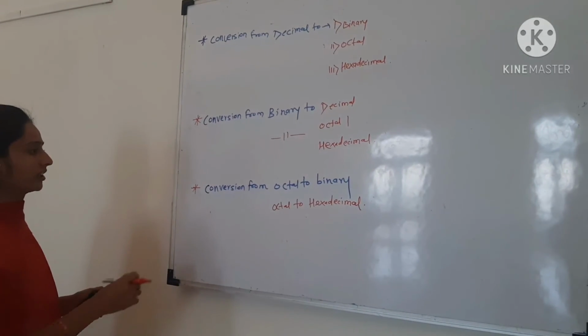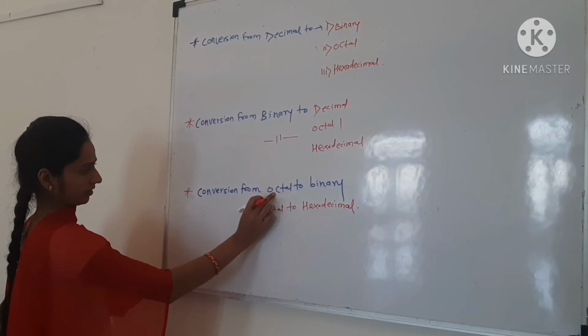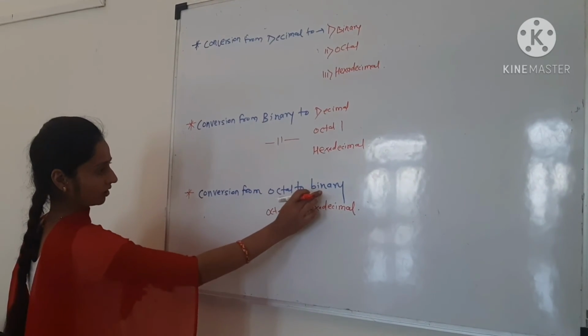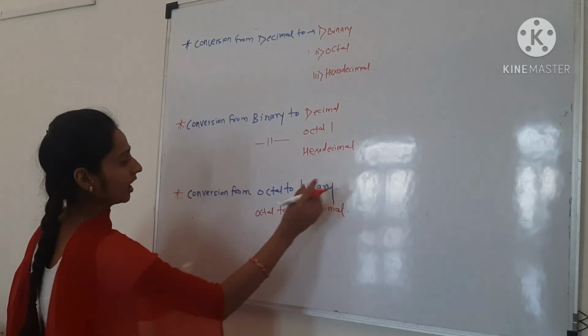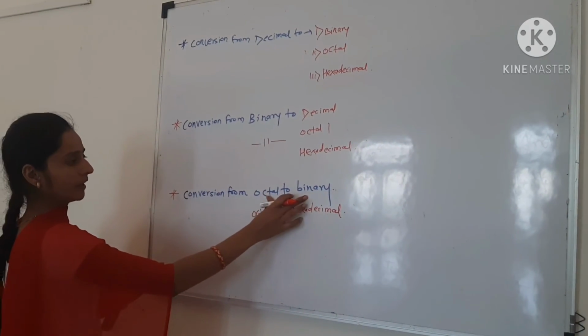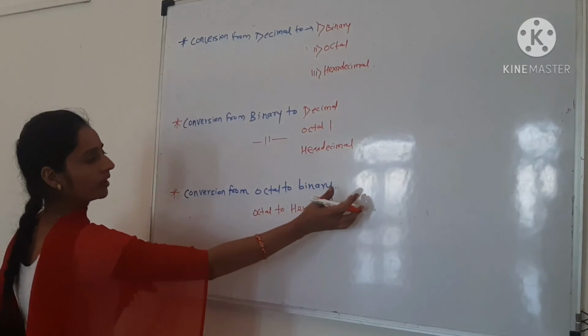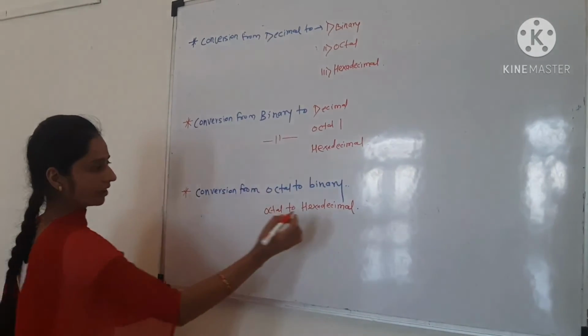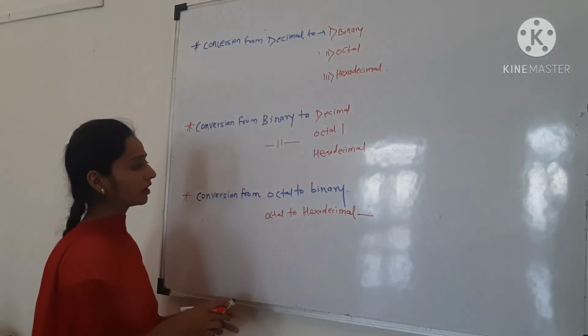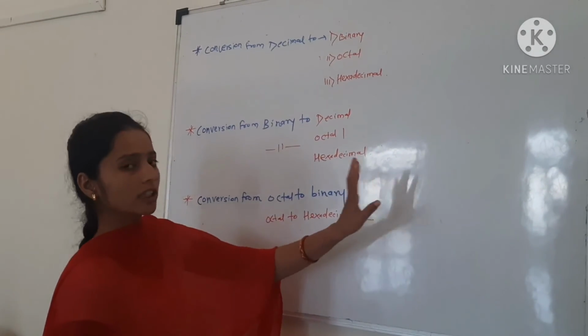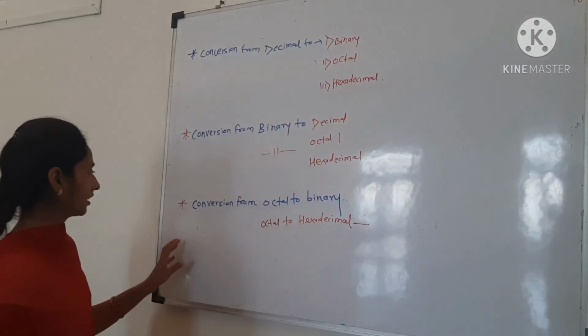In the previous lecture we completed the conversion from octal to binary. In this conversion we did the grouping of 3 bits, starting from the least significant bit to the most significant bit in the integer part, and in the fractional part we did the grouping of 3 bits from the most significant bit to the least significant bit.